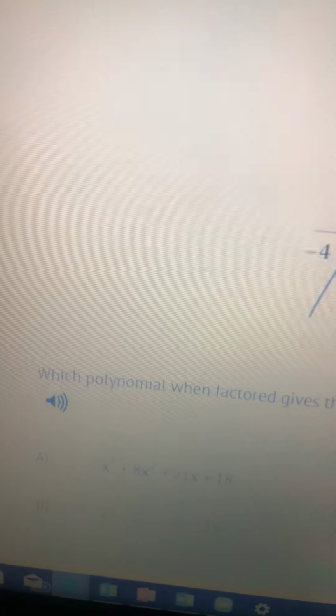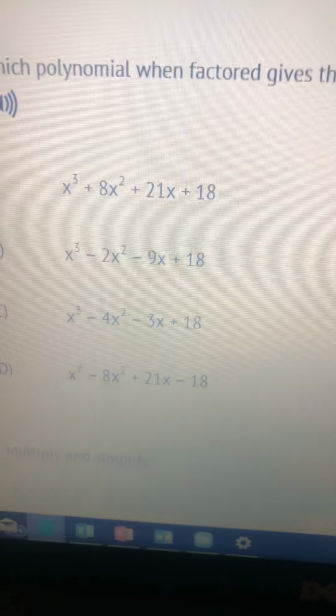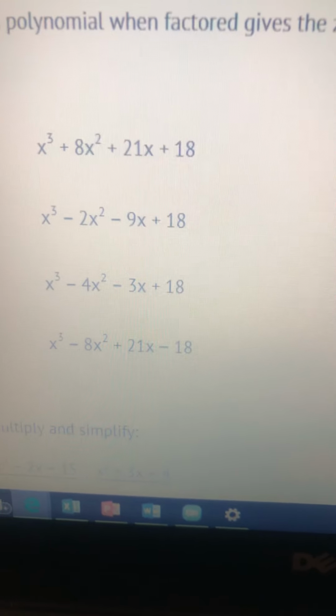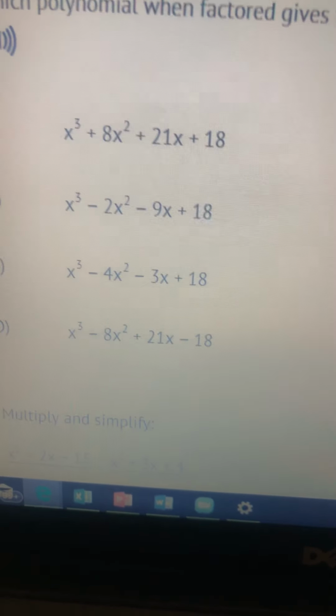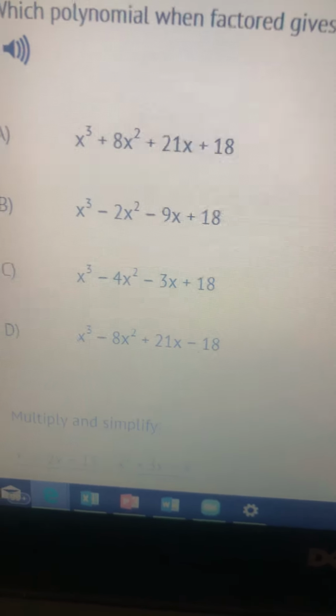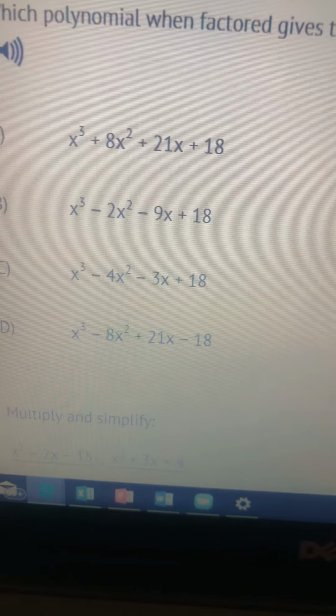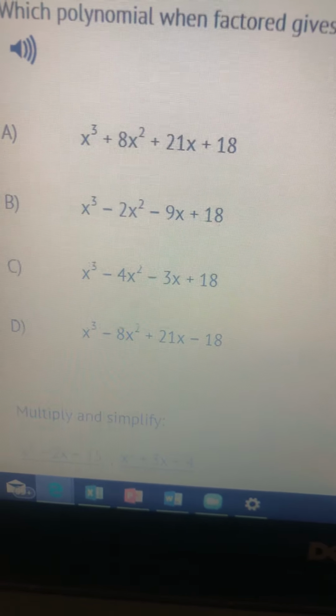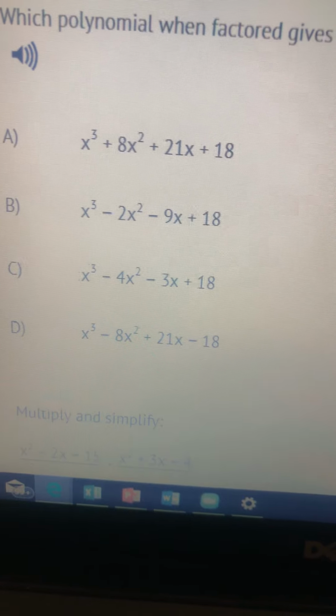Basically, all you have to do here is put these into your calculator. We could actually do this by factoring, using the rational root theorem, but I just told you guys to go ahead and go to Desmos.